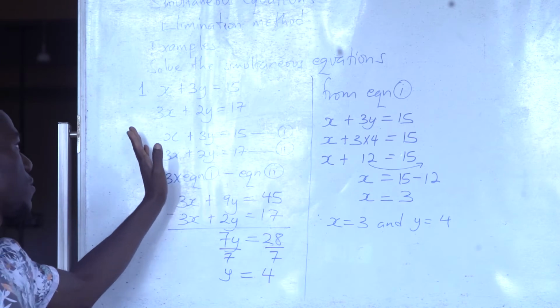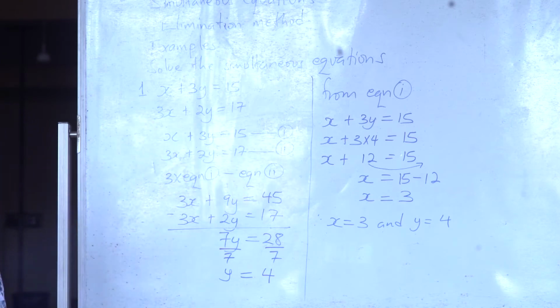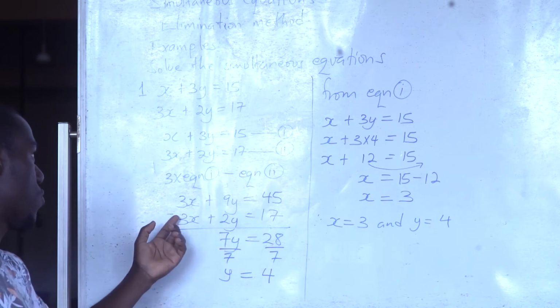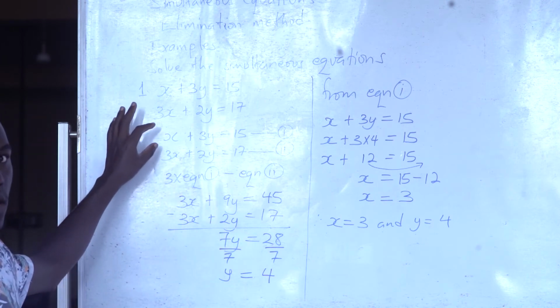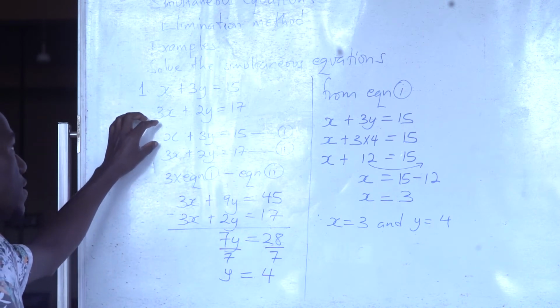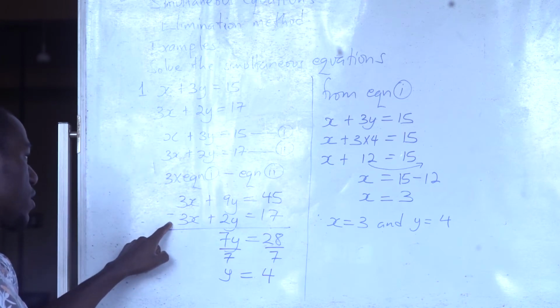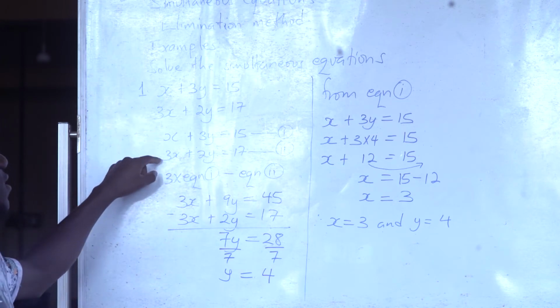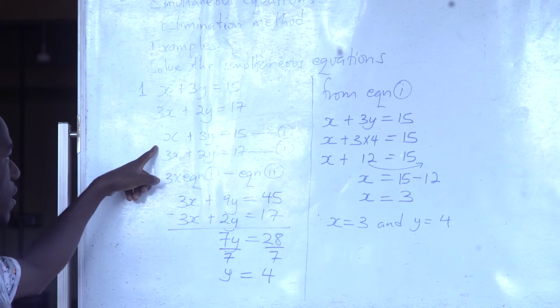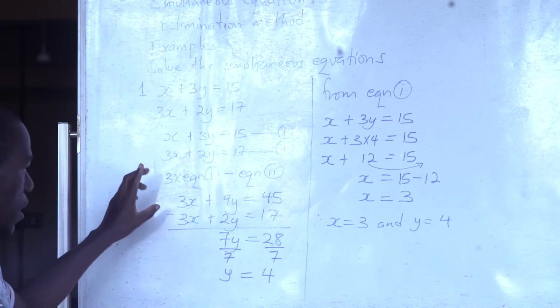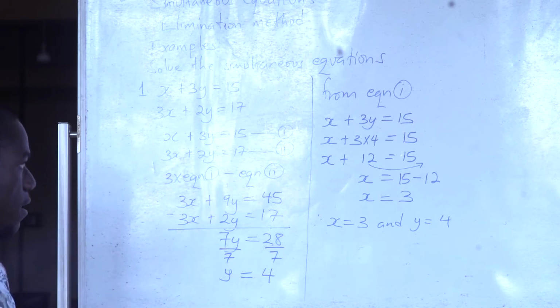So you multiply it throughout the whole equation, which I've done here, and then I've subtracted equation 2. I'm subtracting because they have the same sign. That is why I'm subtracting. If they had different signs, I would have added to eliminate my x.